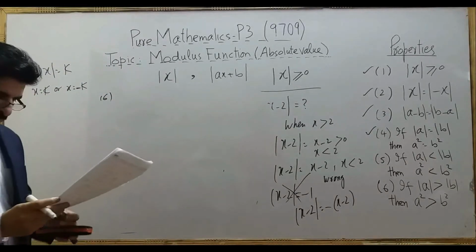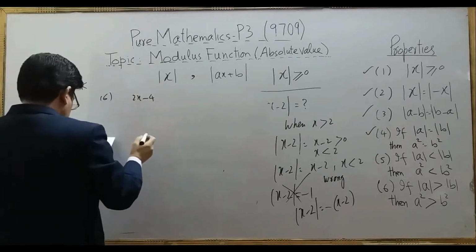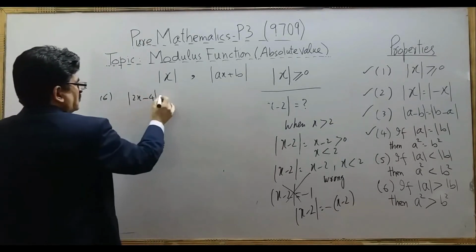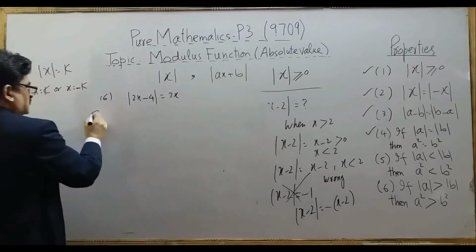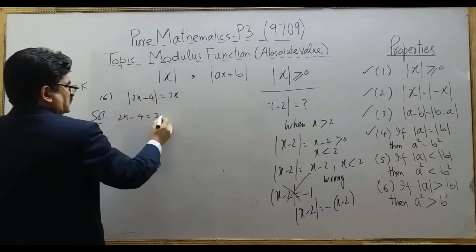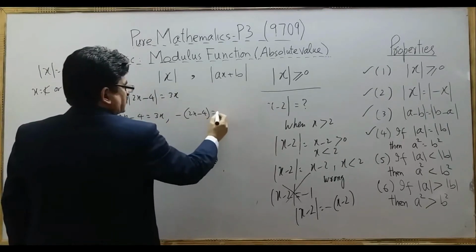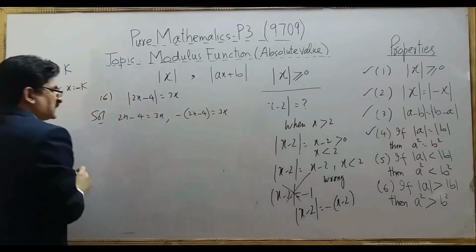Example number 6 is |2x − 4| = 3x. Now solving it, 2x − 4 is equal to 3x and −(2x − 4) is equal to 3x.